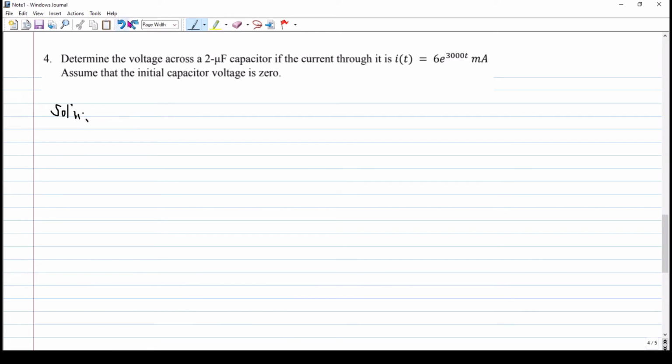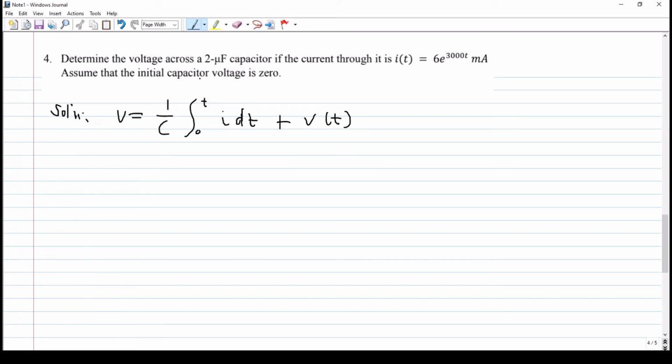Okay. V is equal to 1 over C integral of 0 to t of i dt plus V of 0.